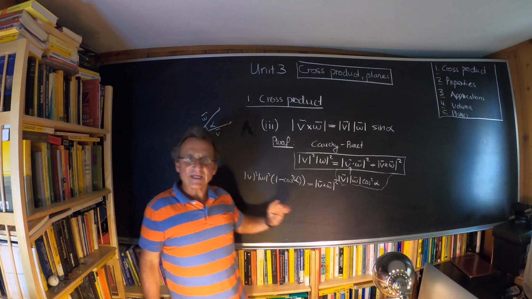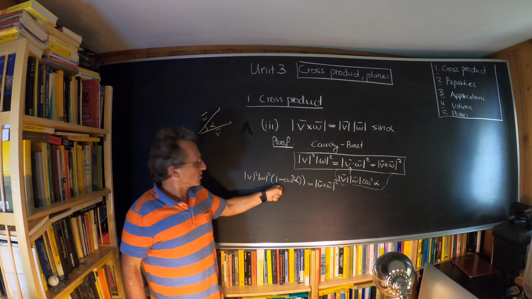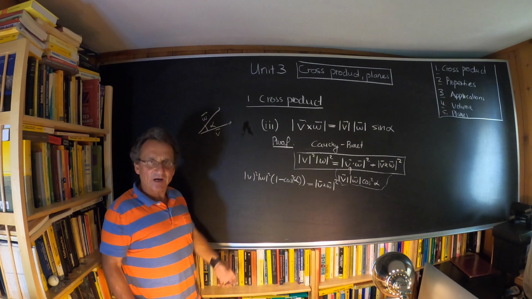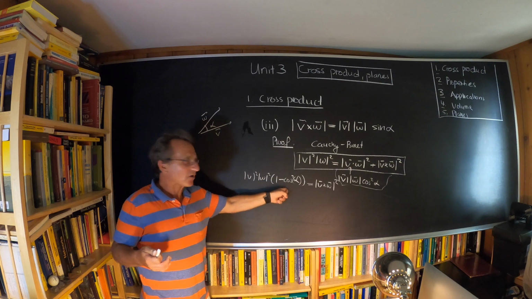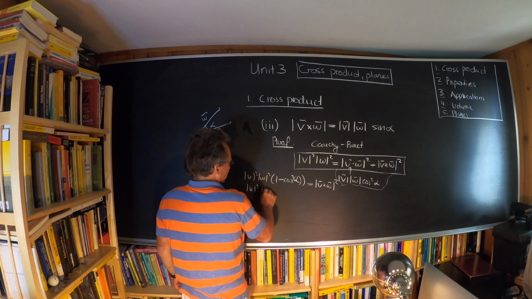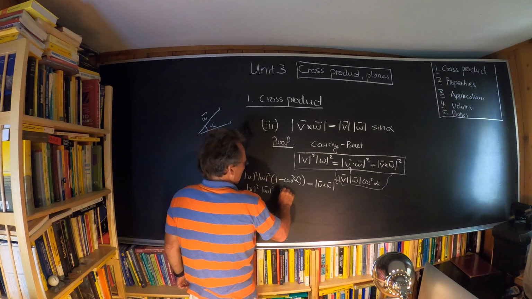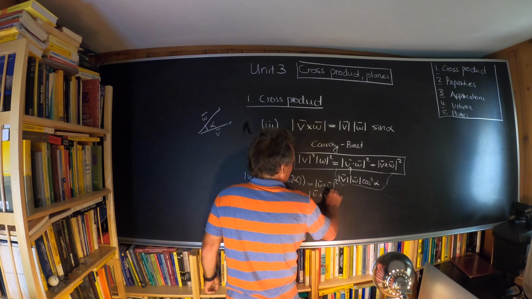Now you should know this identity from trigonometry. 1 minus cosine square alpha, Pythagoras, is sine square alpha. So this is V square W square times sine square alpha is equal to V cross W square.